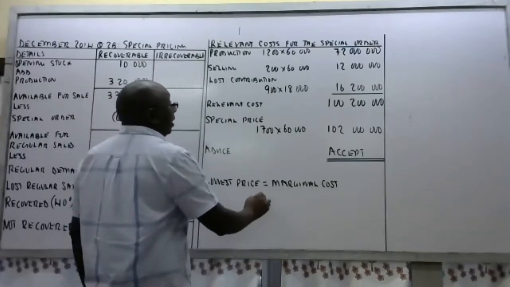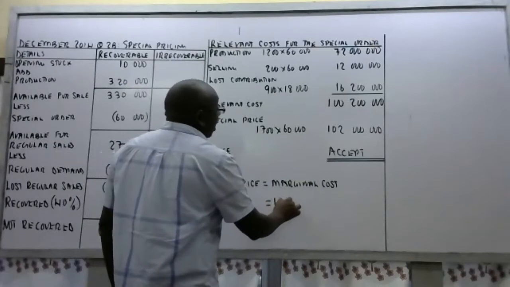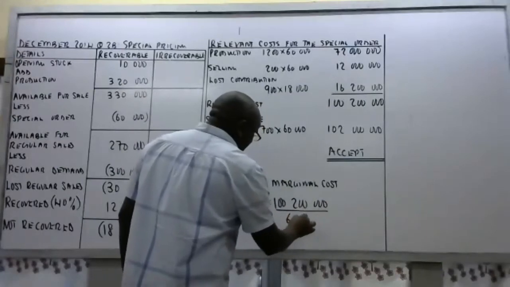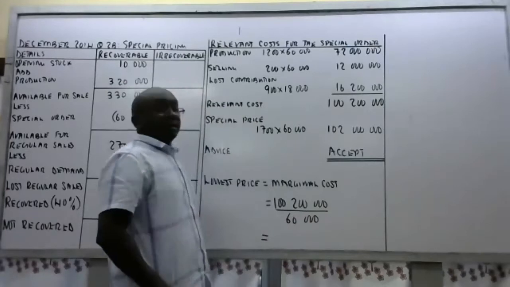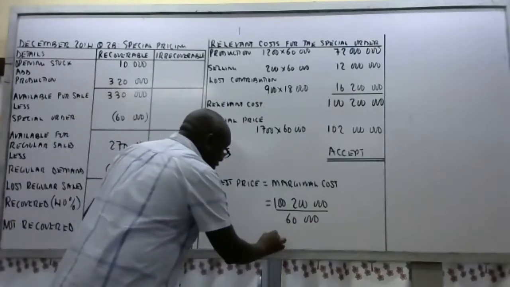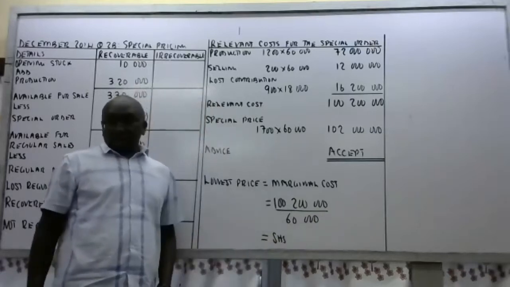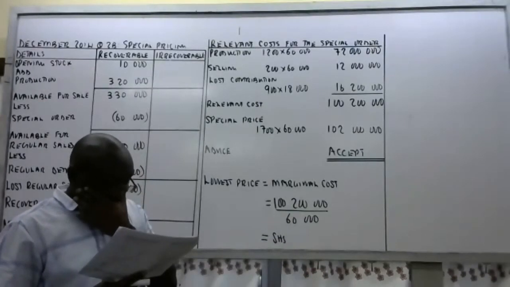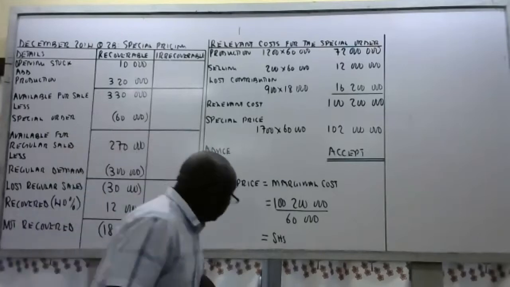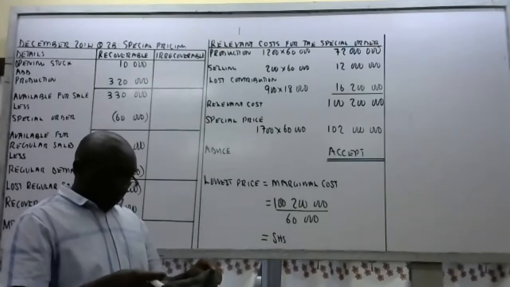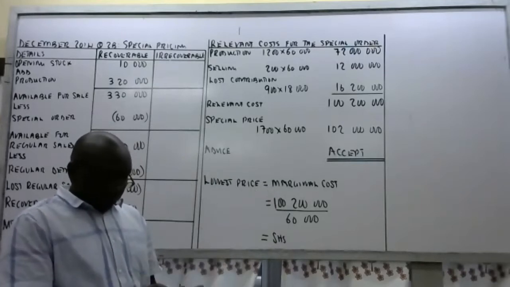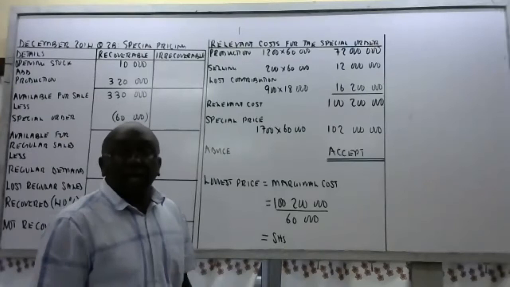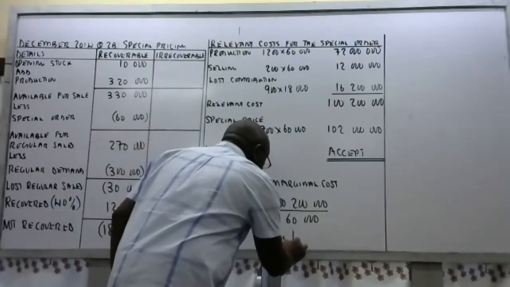So this is 100,200 divided by 60,000. That will tell us the lowest price they should go for. $1,670, good.